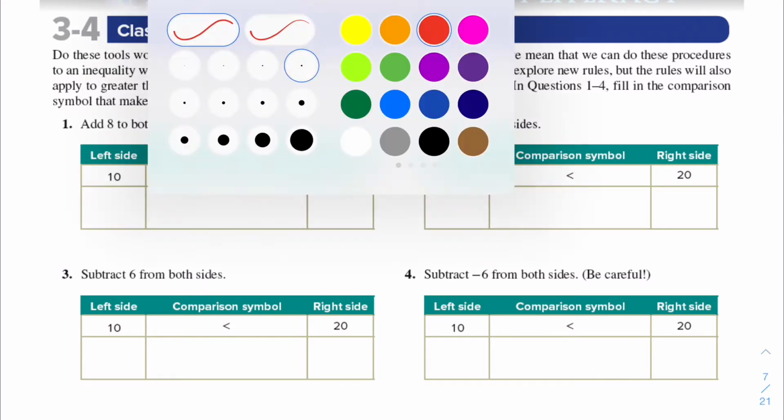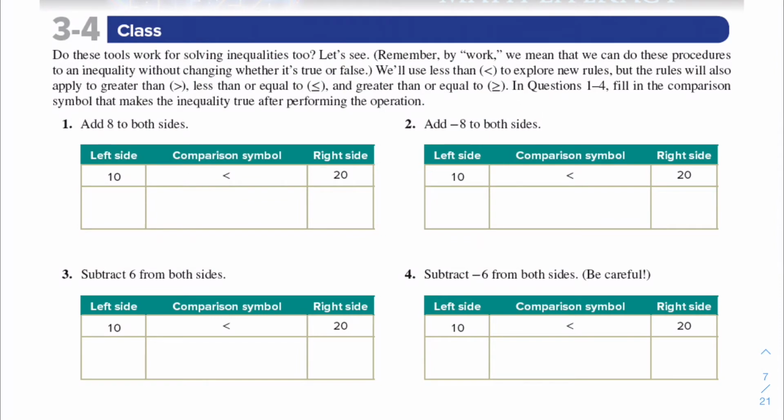What we're going to start with is we want to add 8 to both sides. So if we take 10 and add 8, we get 18 over here. You add 8, you get 28 over here. And your inequality wants to go towards the larger thing, so it's going to go towards the 28. So it doesn't change the inequality symbol.